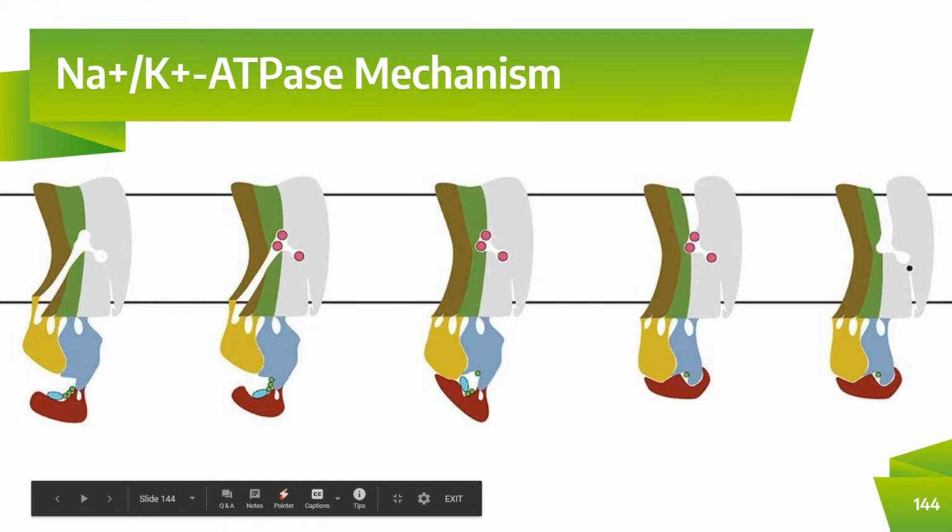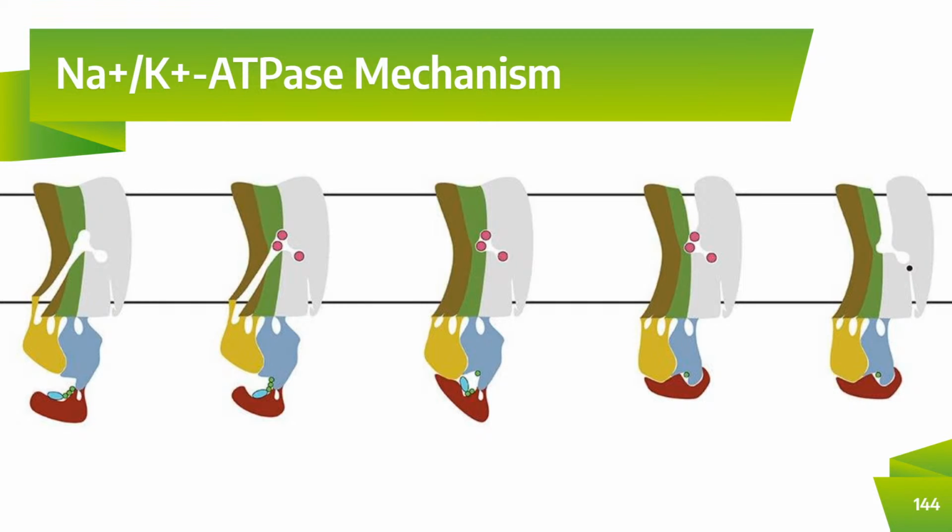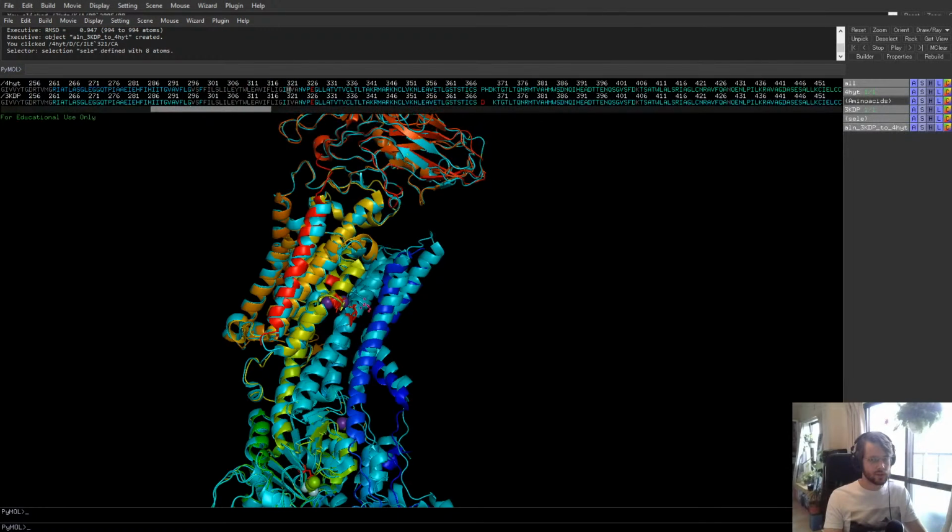Also, to make it more like a transition, I also played a little with PyMOL. And something that is not included in the free version of PyMOL is, of course, the morphing function.